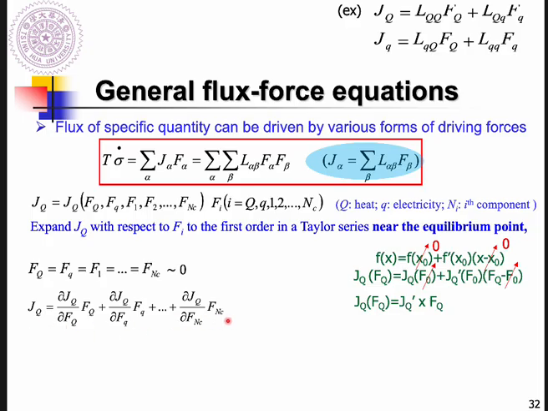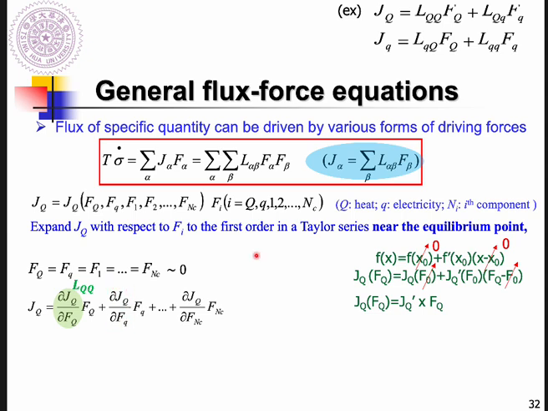If you compare this one with the general flux-force equation you just derived, you will find that, as long as beta equals capital Q and alpha is capital Q, you find that this first term is L capital Q capital Q, the F capital Q acting on the flux capital Q. And this term, if beta changes to small q, you have L capital Q small q.